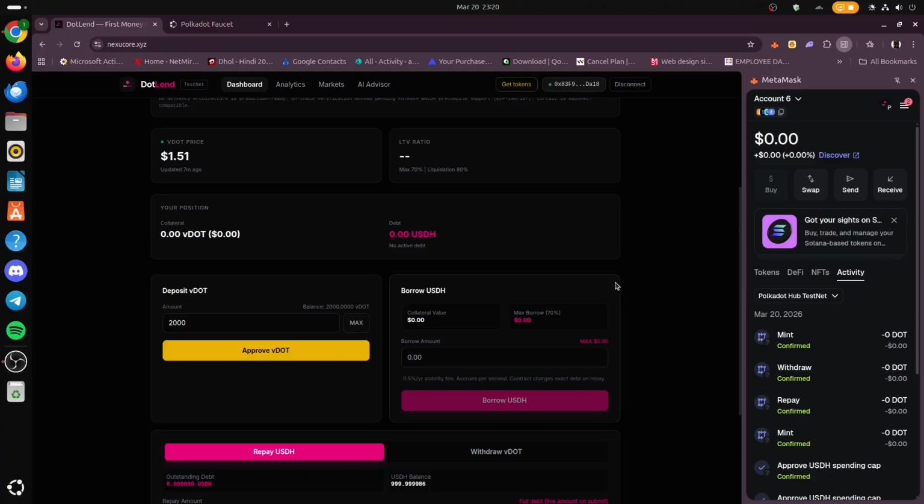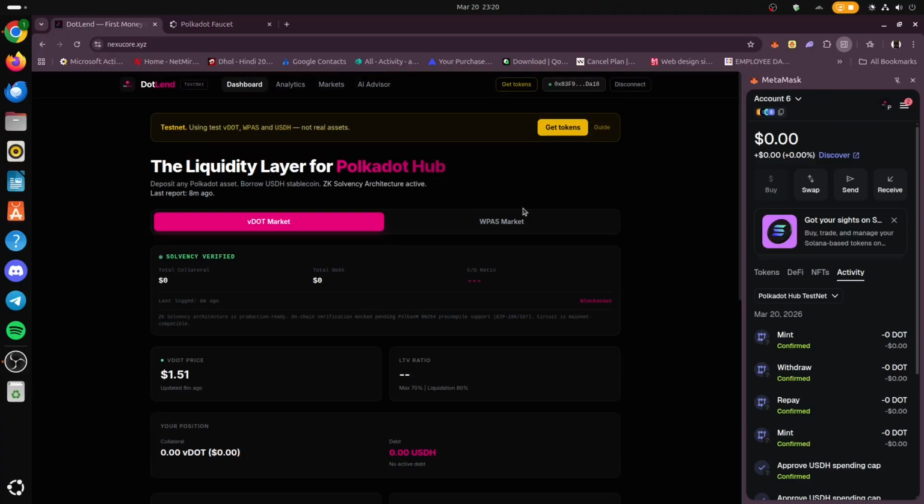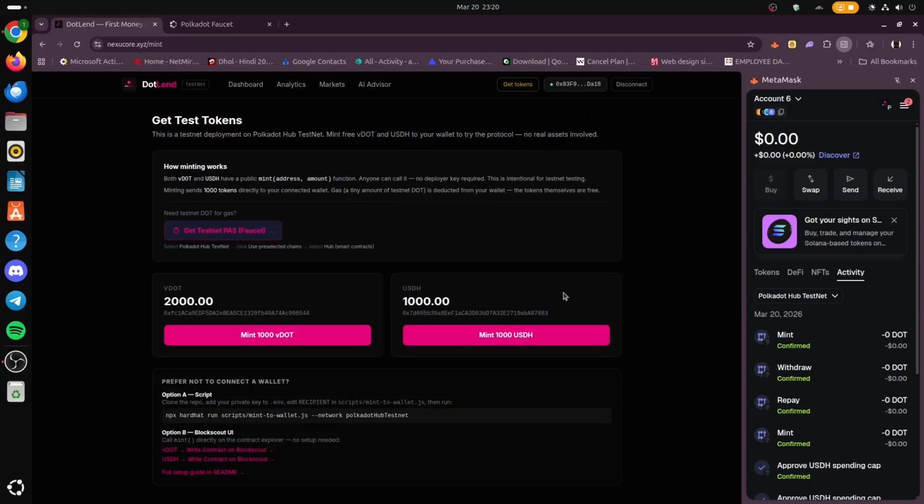So that's why we also minted USDH over here, let's go to tokens, to actually pay for that interest. What if you don't have USDH? Then the transaction will itself fail on DotLend in our front end, or DotLend interface. It will not even pop up on MetaMask. So let's try to deposit 2000 vDOT, approve.